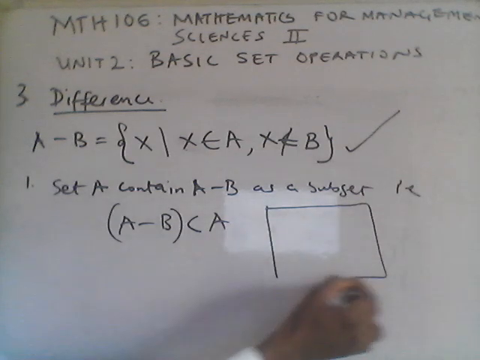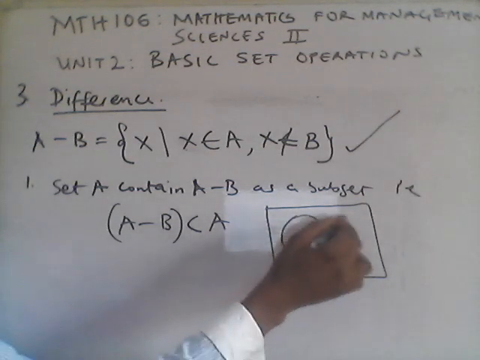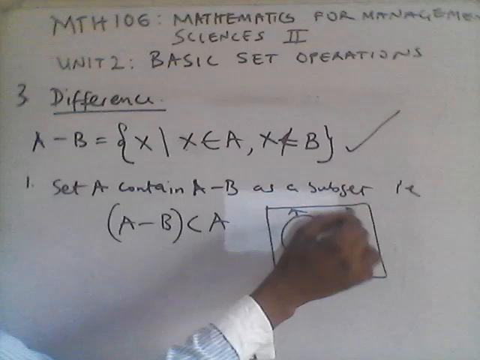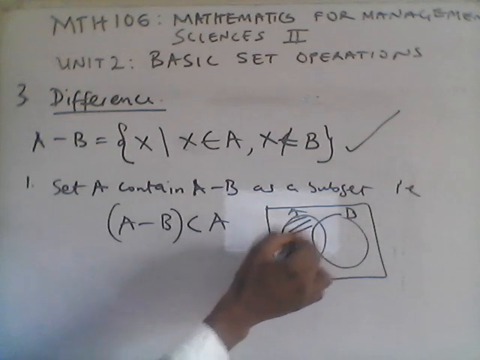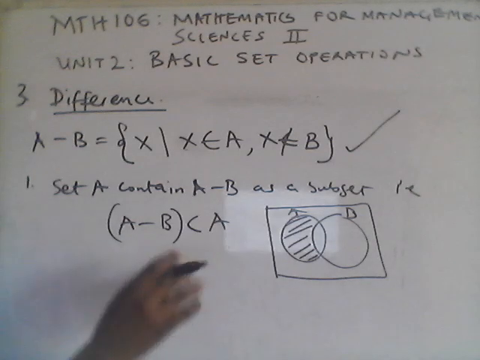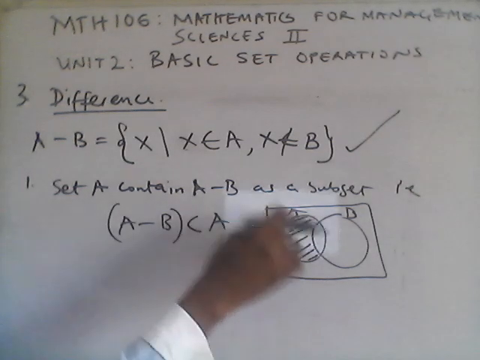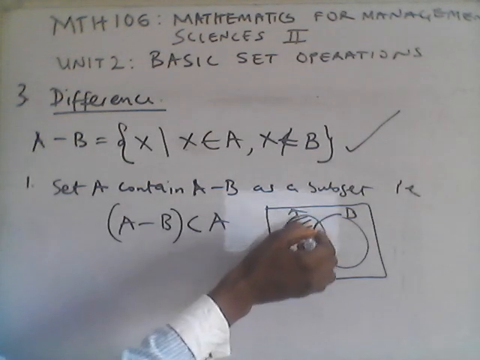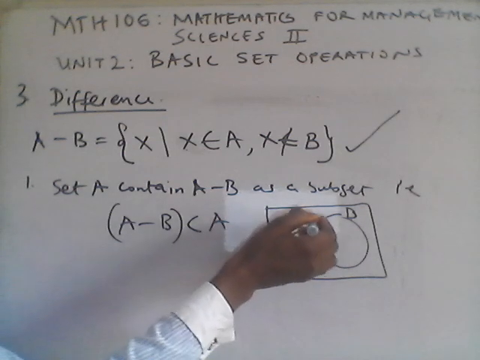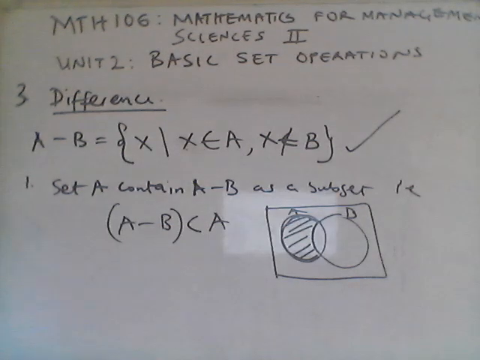This is the Venn diagram again. A difference B is anything that is shaded, that is not B at all. So A difference B is a subset of A. That means this shaded part is part of the whole of A. That's the first remark.